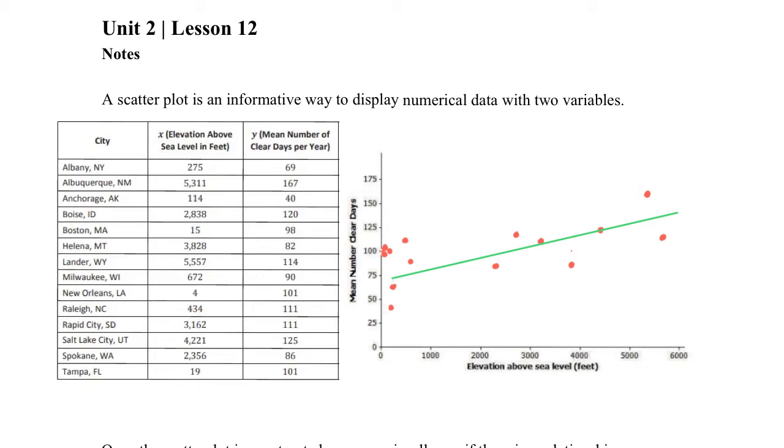And if you look at this, you notice that this line has a positive slope. It's increasing. And so that allows us to make some statements about the relationship between the elevation of a city above sea level and the number of clear days that they have. It appears that there is what we call a positive correlation.